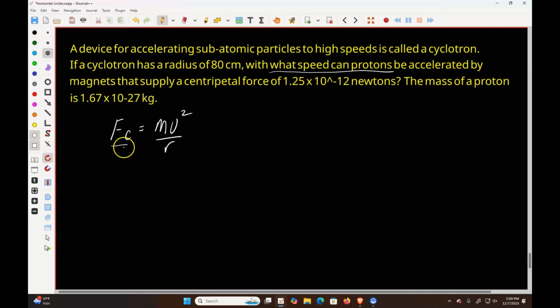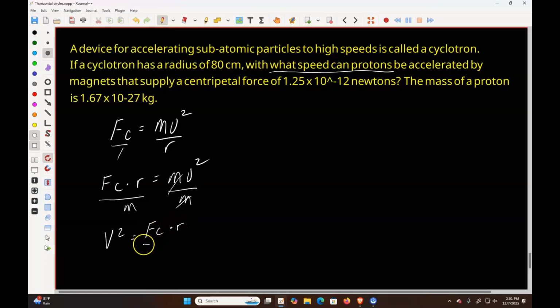Let's cross multiply so that centripetal force times radius is equal to m v squared. Let's isolate the v here. So let's divide both sides by m. So I can say that velocity squared is equal to the centripetal force times the radius divided by the mass.